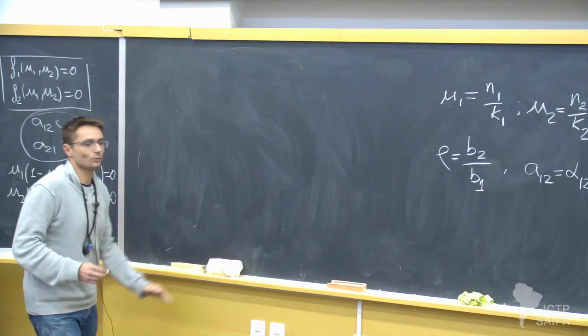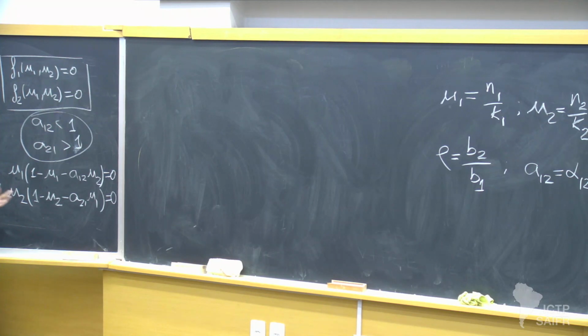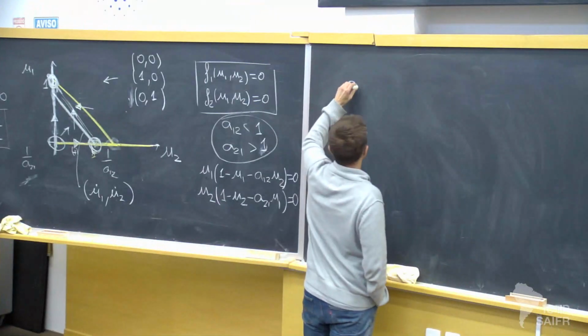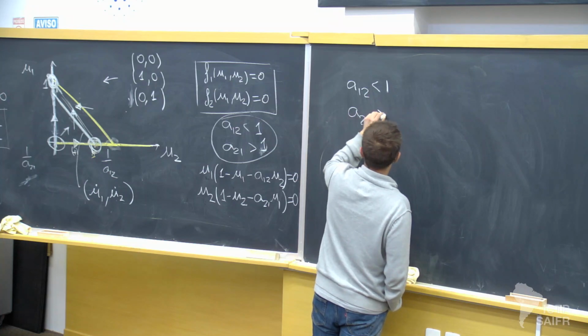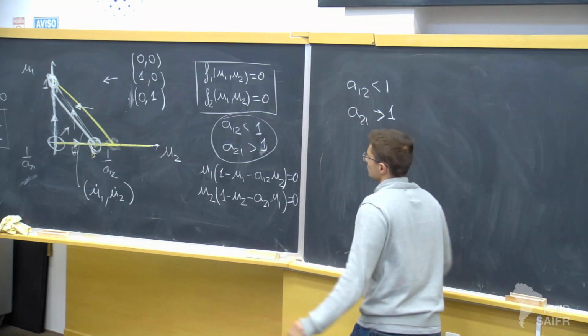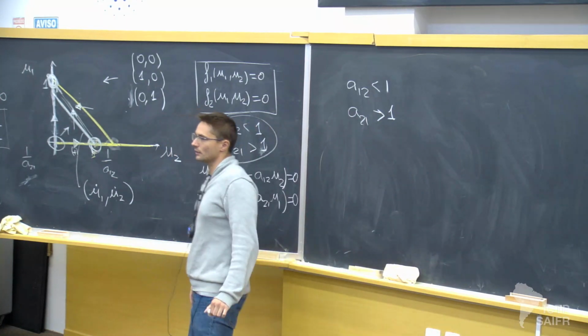So now going back a little bit to the biology, what is this result telling us about the interaction between the species? I know that whenever A12 is smaller than 1 and A21 is greater than 1, I have this stability in the fixed points.